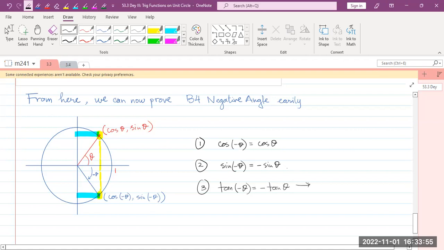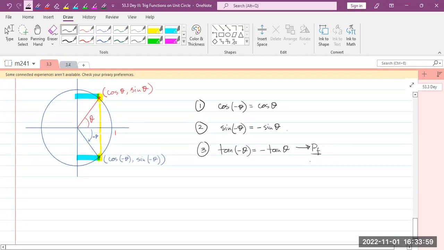Let me just prove it right away. The proof is actually as simple as this. We prove from left to right. Left hand side we have tangent negative theta, which by definition is by ratio, sine negative theta over cosine negative theta.